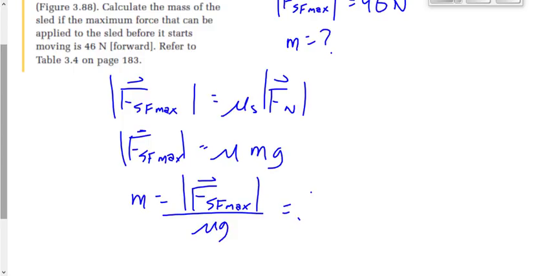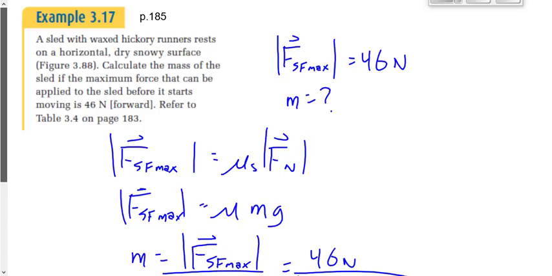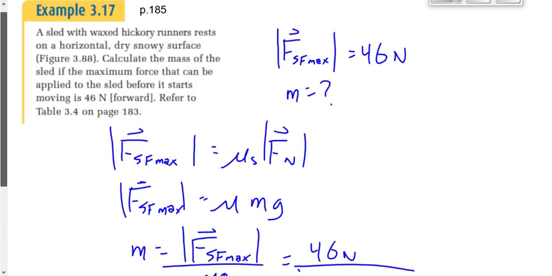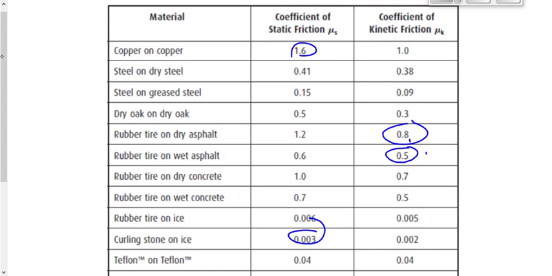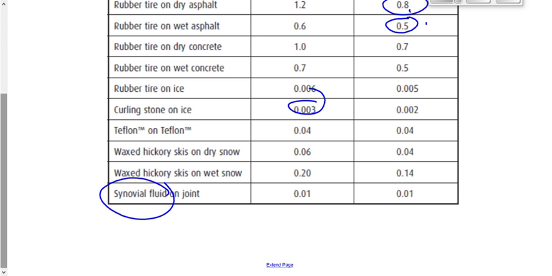So F_SF max is 46 newtons. Divide it by mu. Let's look at the table for that. Waxed hickory runners, dry snowy surface. Waxed hickory skis on dry snow, static friction, 0.06.